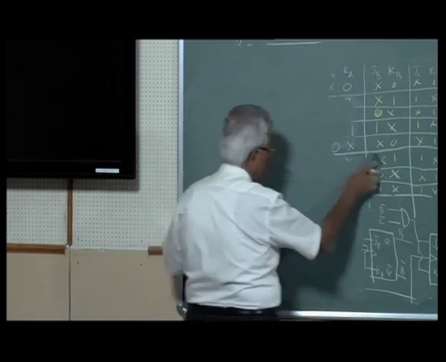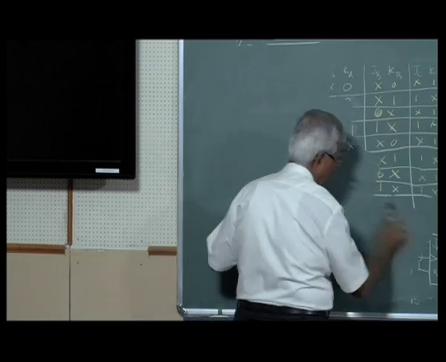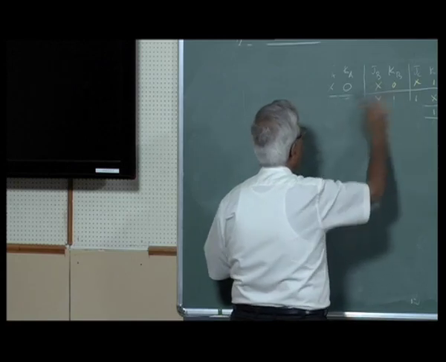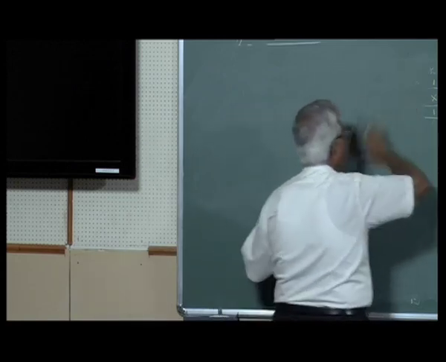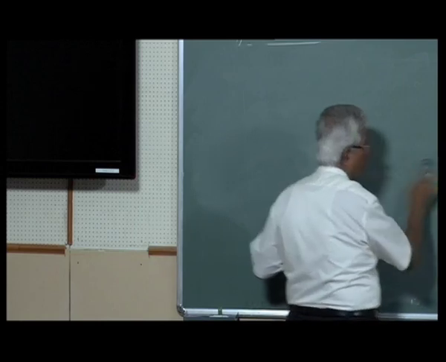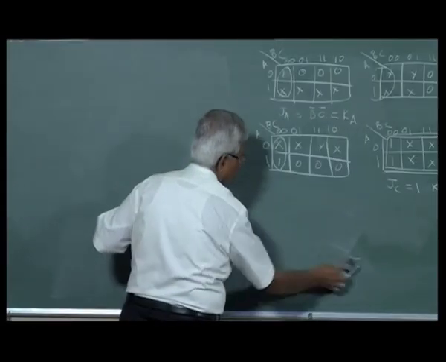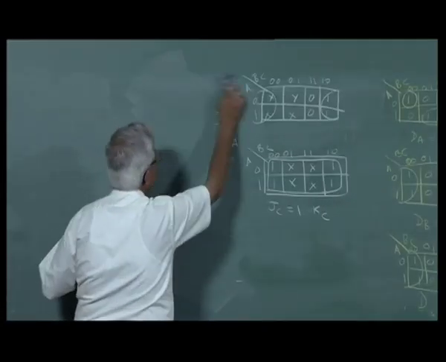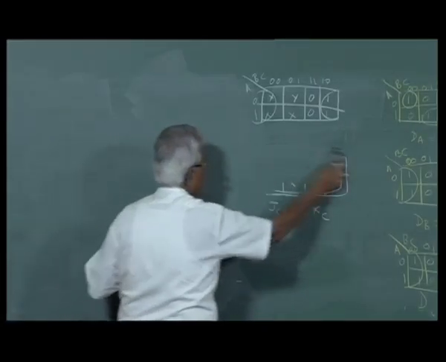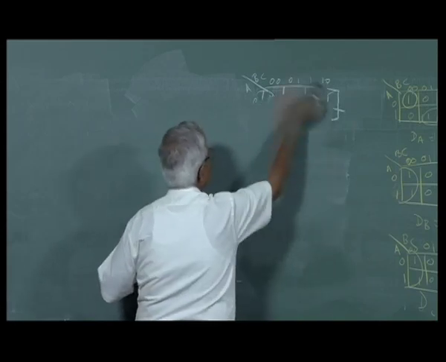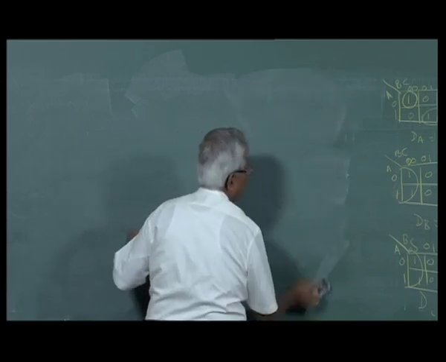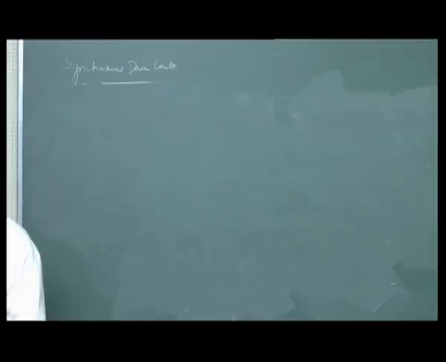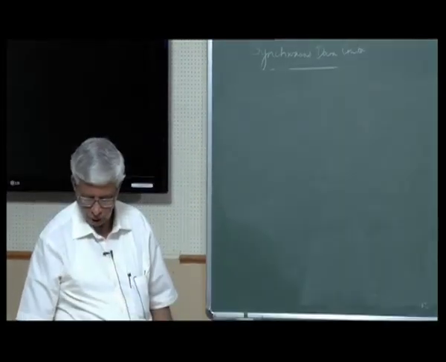So we will call it a non-sequential counter. What do we mean by non-sequential counters? A counter which does not count in sequence, out of sequence.